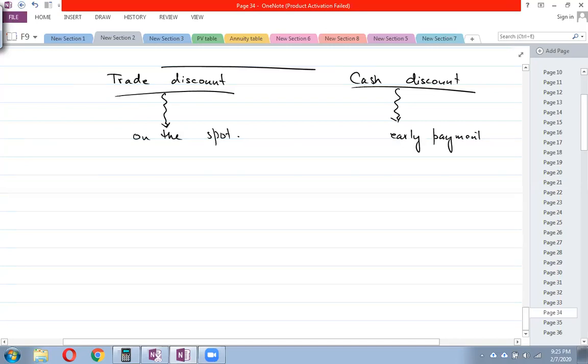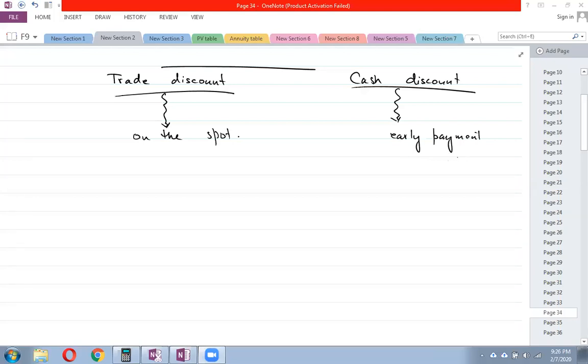For example, if I'm selling a mobile phone for $500, and you're telling me, okay, how about $450? So I said, okay, I'll give you this discount. You can buy it at $450. This is trade discount, right? With bargaining, let's say, or with bulk purchase, I give you this discount on the spot. Cash discount is early payment discount.